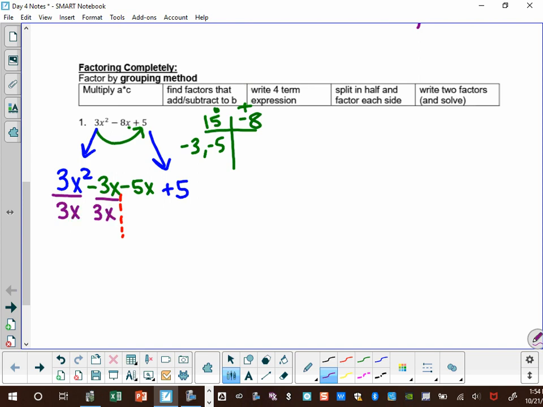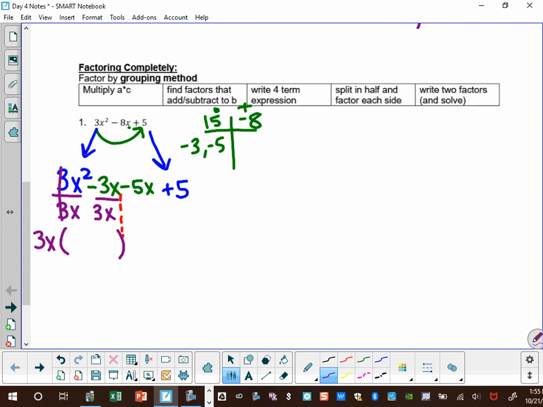All we're doing is we're going to divide by the GCF. Once we divide by our GCF, let's just go ahead and write the GCF again and make parentheses so we can divide. What's 3x squared divided by 3x? 1 what? Because my 3's disappeared, right?